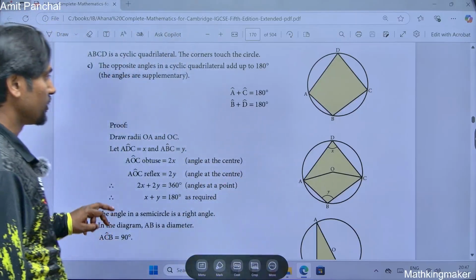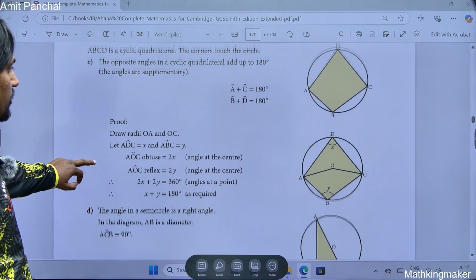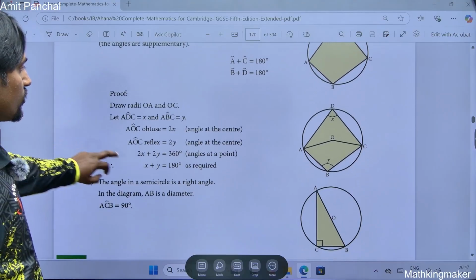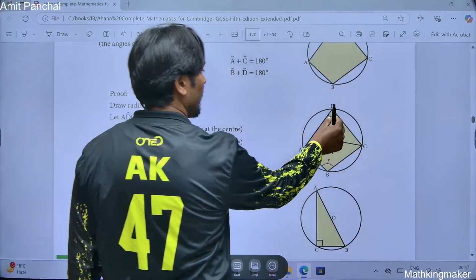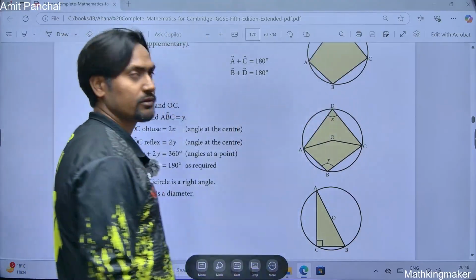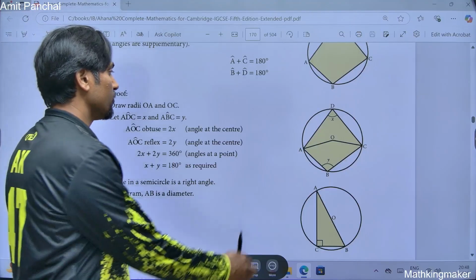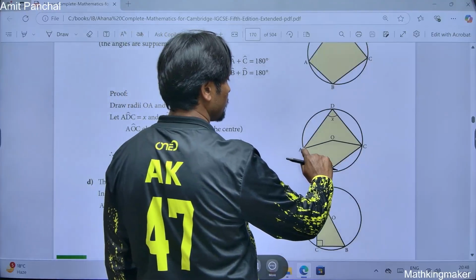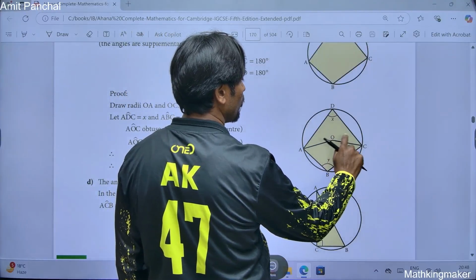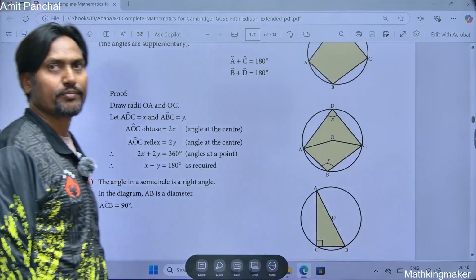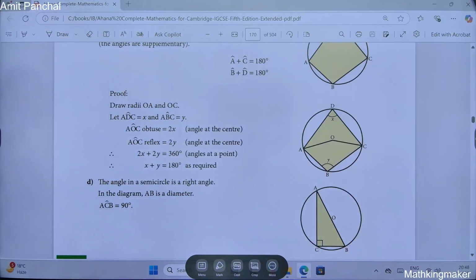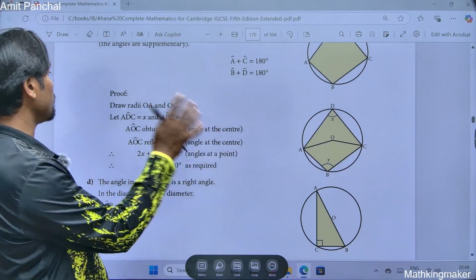We need to prove that x plus y is 180. So what we are doing is just joining A with O and O with C. Okay, AO is radius, OC is also radius.